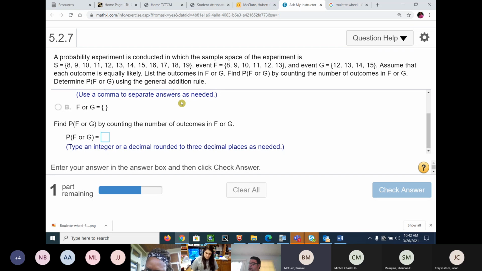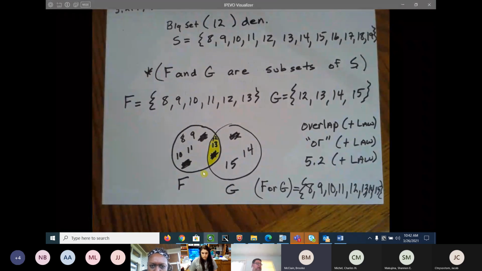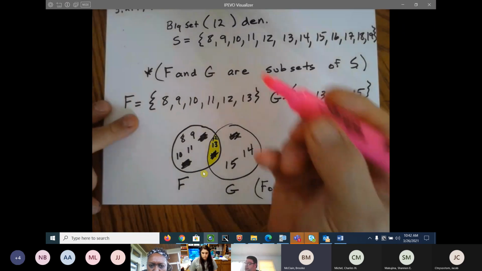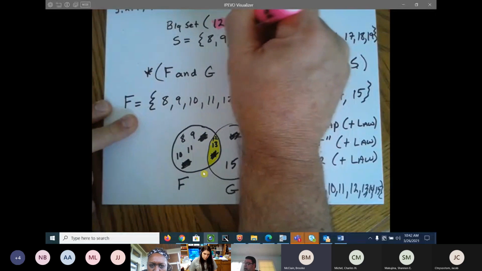So 12 is going to be our denominator. I'm going to take my handy dandy pink highlighter and highlight that because that number is going to be important.